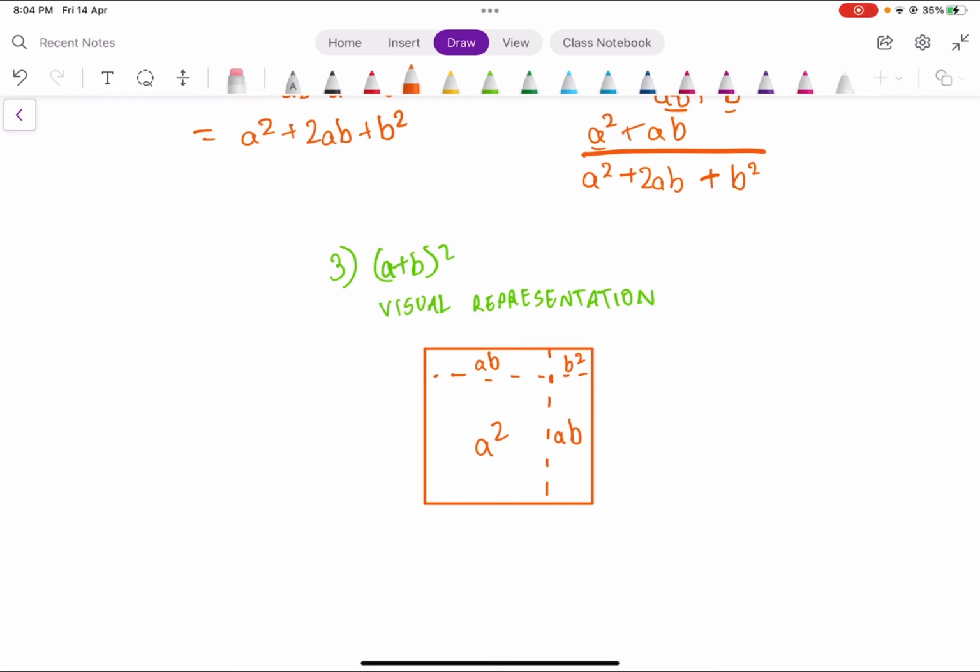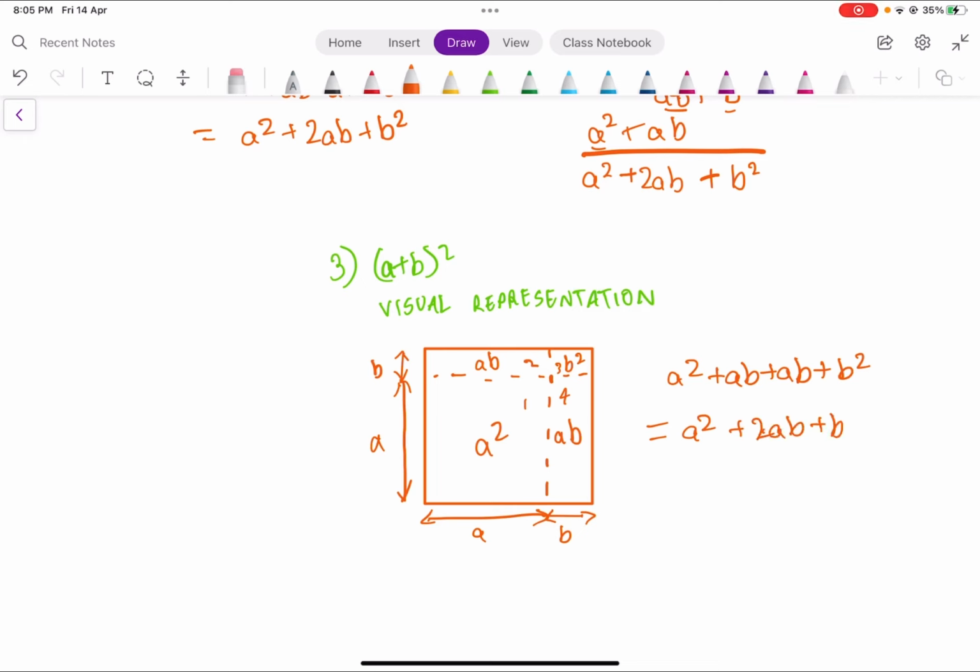So, I'll write down the lengths, a and then b. So all four of these: a squared plus ab plus ab plus b squared is a squared plus 2ab plus b squared.